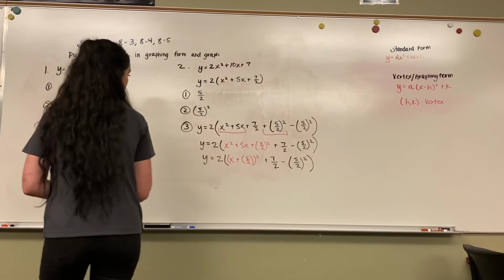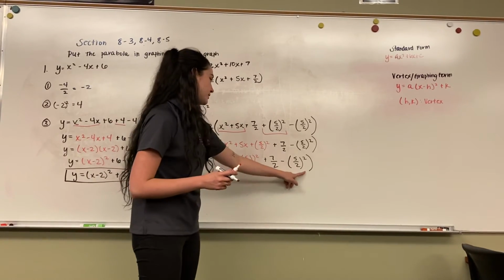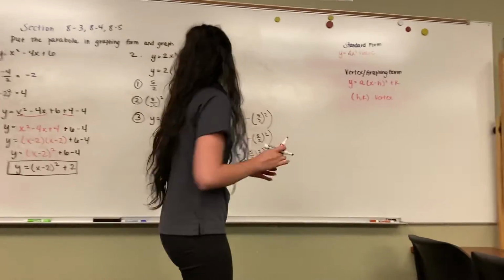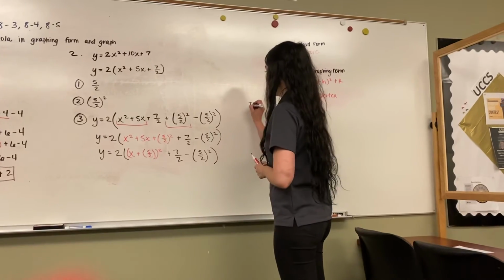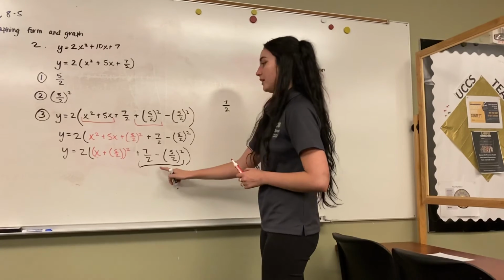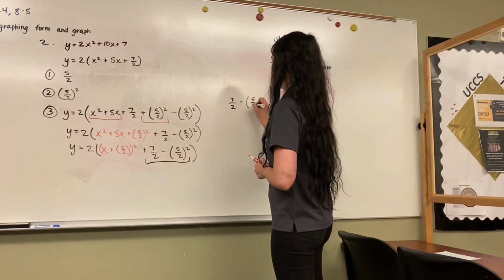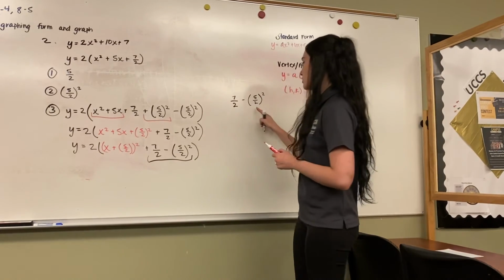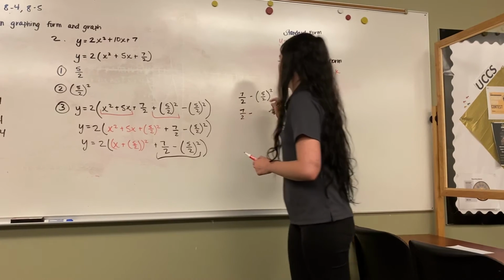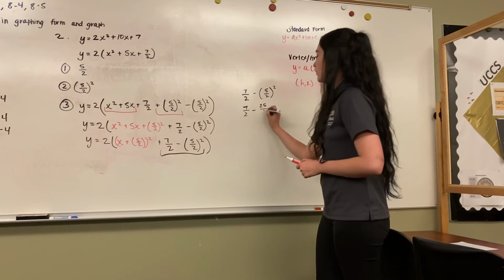Okay, so now all we need to do is simplify this. So let's go ahead and simplify that. I'm gonna work over here, so camera lady, please follow me. It's 7/2. I'm just simplifying this right now, and then I'm gonna plug whatever I get back in right here. 7/2 minus 5/2 squared. So what do you think my first step should be? I should probably square this fraction, right? So we have 7/2 minus 5 squared is 25. 2 squared is 4.